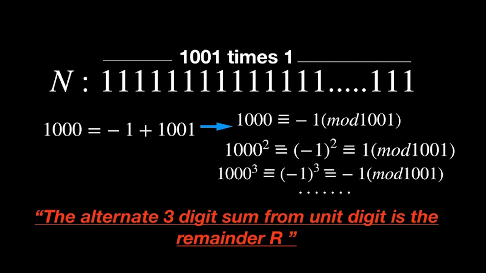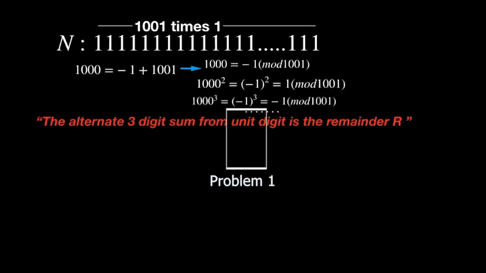Since the number is divided by 1001, its alternating 3-digit sum from the unit digit is the remainder. So we can apply this important technique.